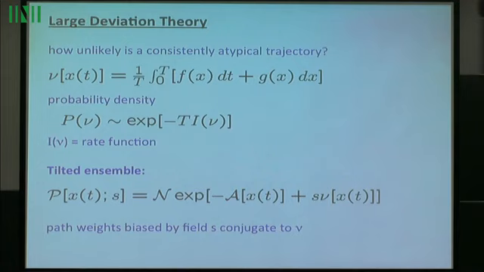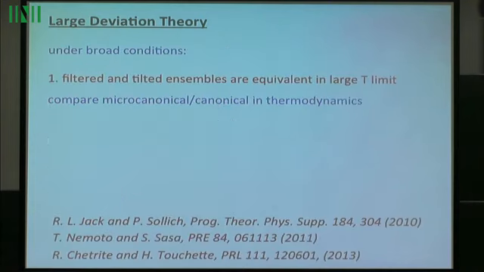That's the tilted ensemble, and one of the properties that emerges in the large deviation limit is that this at large t is equivalent to the filtered one for an appropriate choice of s. Obviously, depending on what value of nu I want to select, in this Lagrange multiplier I have to choose a corresponding value of s. So that's the tilted ensemble.